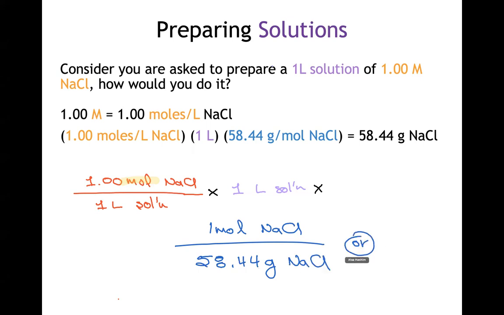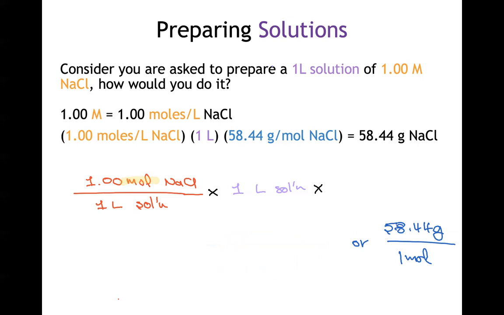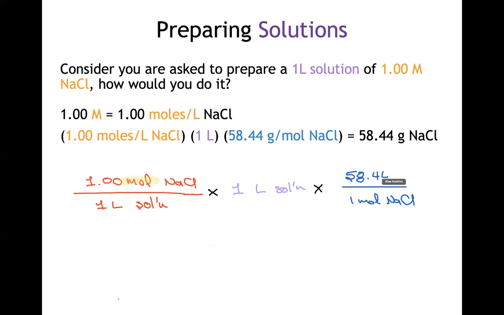Or we could have it as the opposite. We could have 58.44 grams over 1 mole, right? But always think of what you need your final answer in, and how you need your units to be canceling out, right? And because of that, we will say that for every 1 mole of sodium chloride, we have 58.44 grams of sodium chloride.